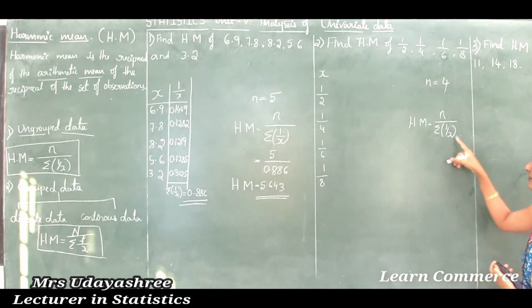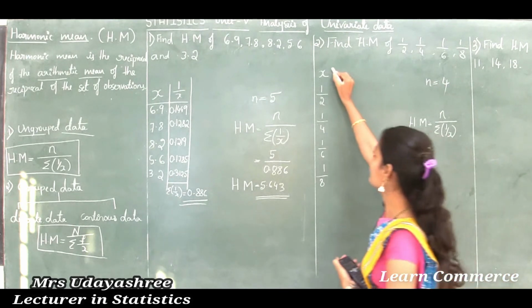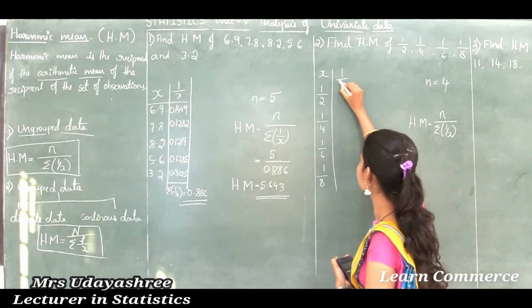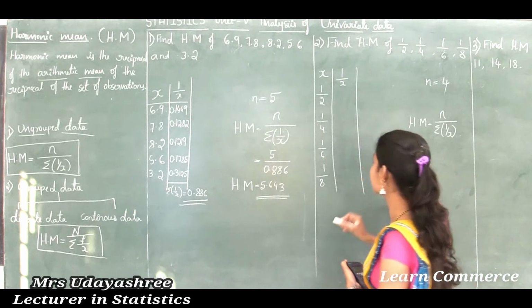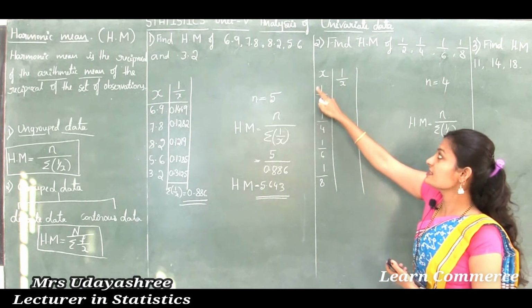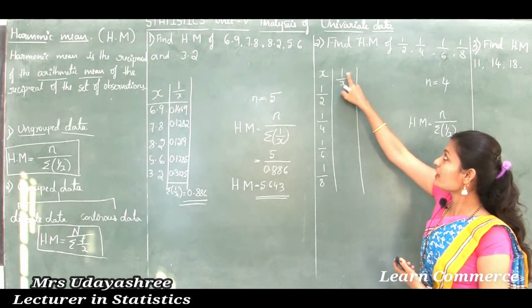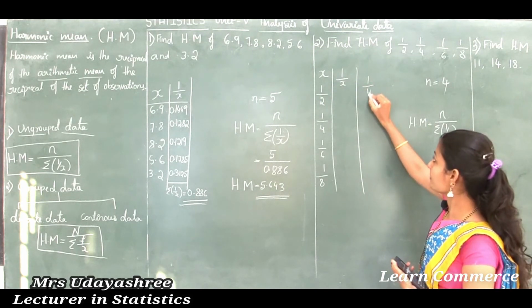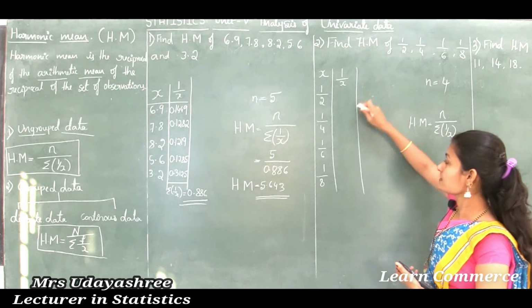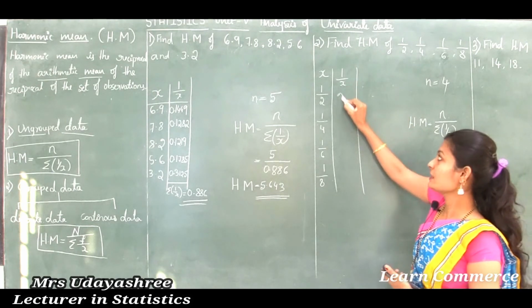Next we need 1 by x. So next column is 1 by x. Here this is x observation, 1 by 2 is x, and we need to find 1 by 1 by 2. That is 1 by 1 by 2 is 2 only.